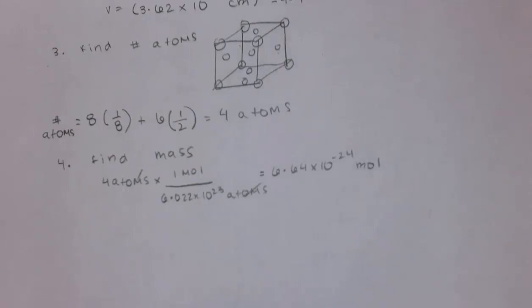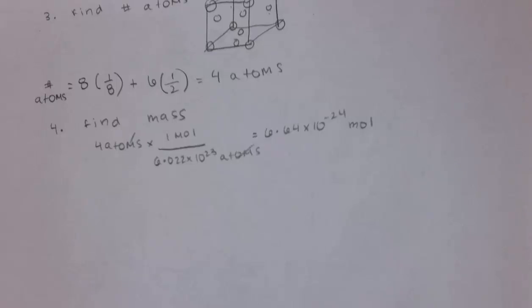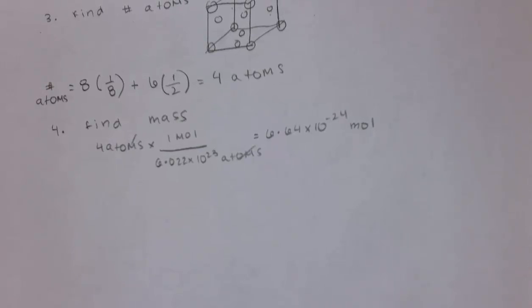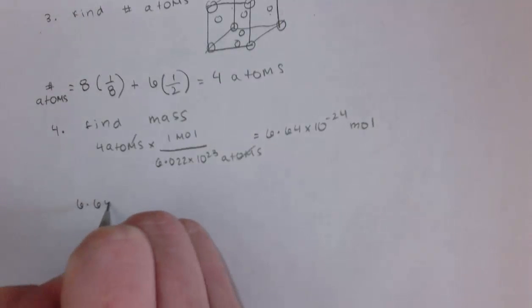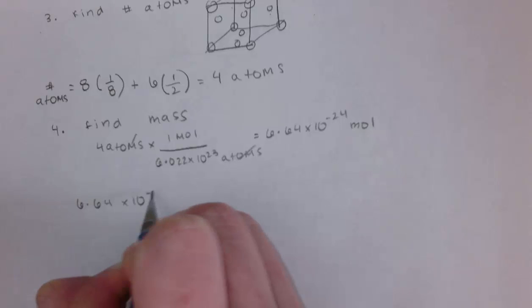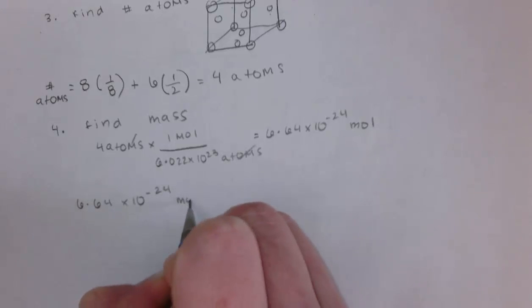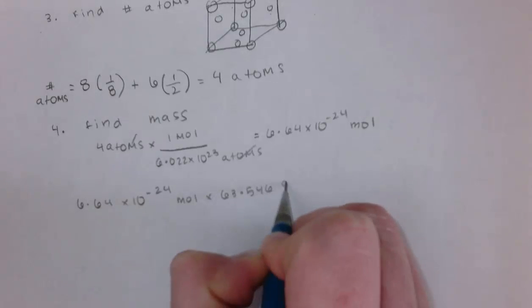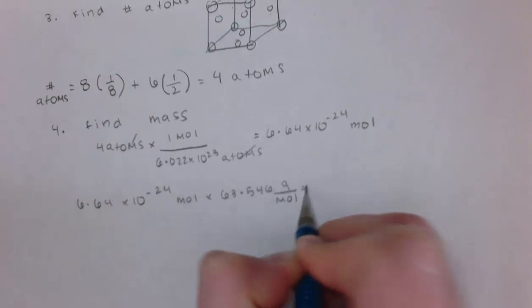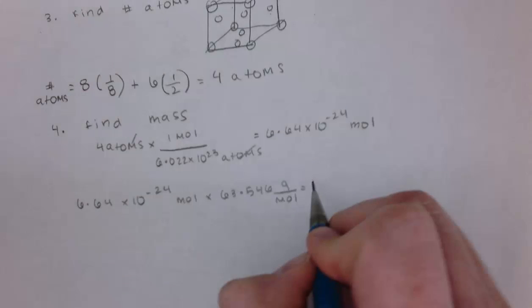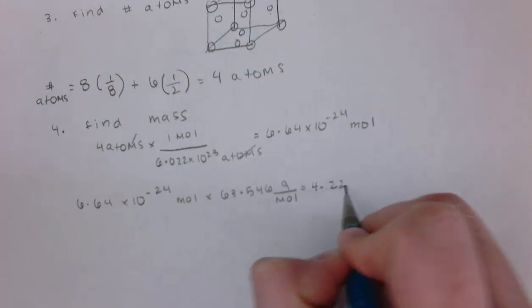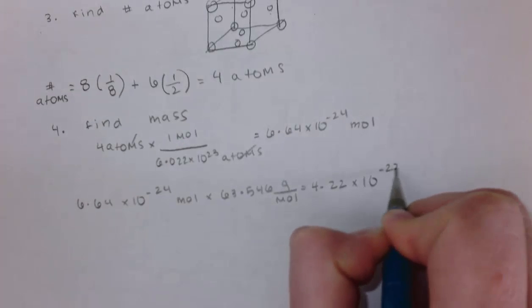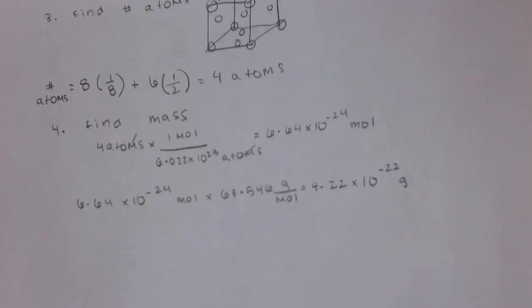And now that we have that, we can find grams based on the molar mass. And in this case, we need to look up the molar mass of copper. And now I can get our mass in grams, which will be 4.22 times 10 to the negative 22 grams.